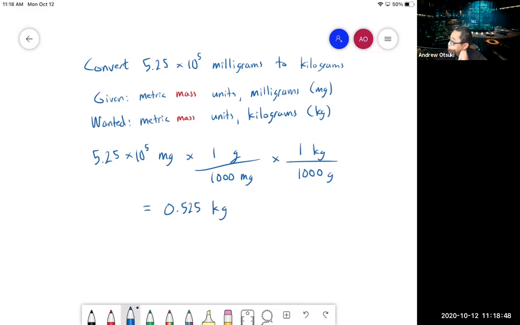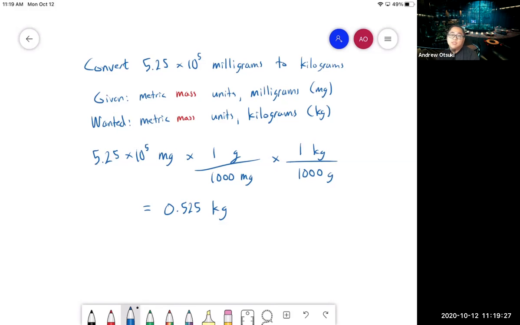So let's check our answer. We start off with a larger value of the smaller unit, and now we should get a smaller value for the larger unit. I know these two terms may seem conflicting in a sentence like that, but just make sure that once you start out with a larger number for a smaller unit, the number that pops out at the end is smaller for the larger unit.